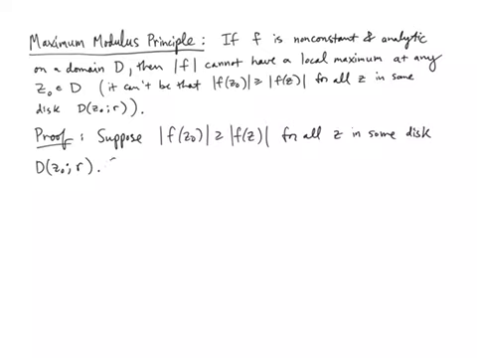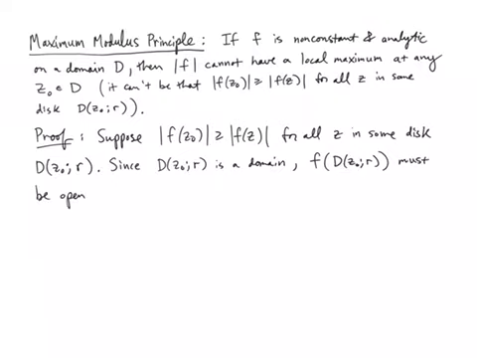So since the disk around z0 of radius r is a domain, f of this disk around z0 of radius r must be open, by the open mapping theorem.